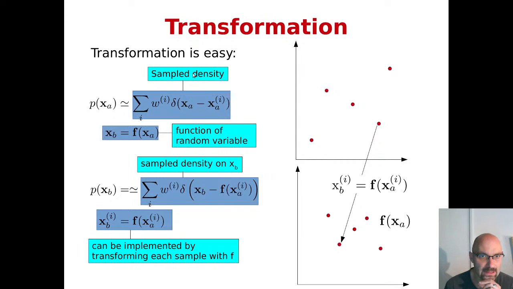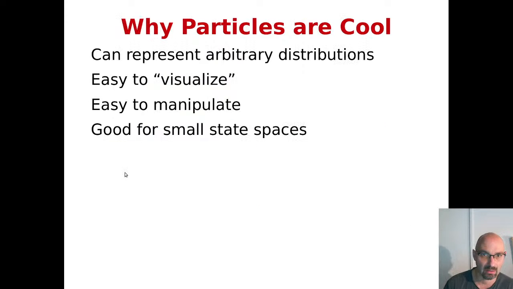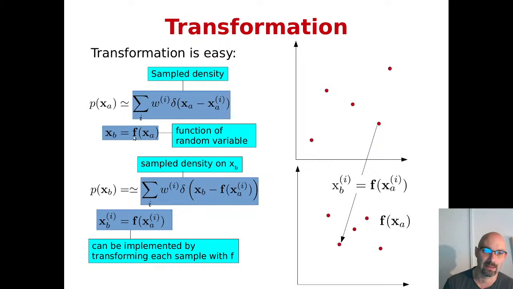The first action is how to transform samples. We have already seen it with the unscented transform, and it's no different in the case of a set of samples. If I have a probability distribution p of xa that I represent as a set of weighted Diracs, and I have a function xb equal to f of xa, I could obtain the sampled density p of xb just by taking each of these samples and applying the function f to each of them.